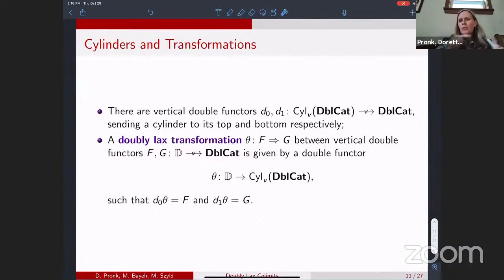By the way, composition, horizontal and vertical, is given by putting cylinders in the two horizontal directions together. It also has a vertical composition that can be used to compose our doubly lax transformations. Won't talk about that for the rest today, but so there's more structure here.